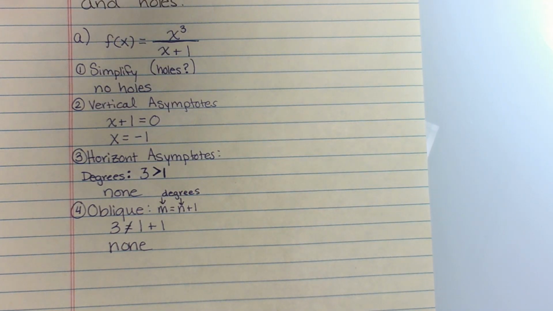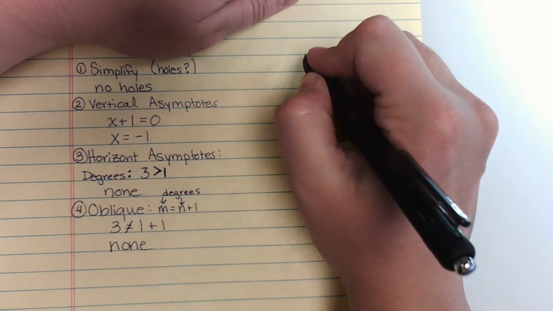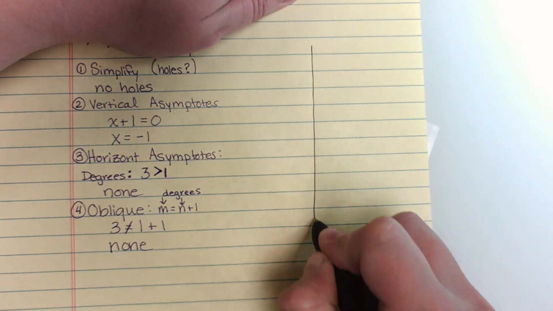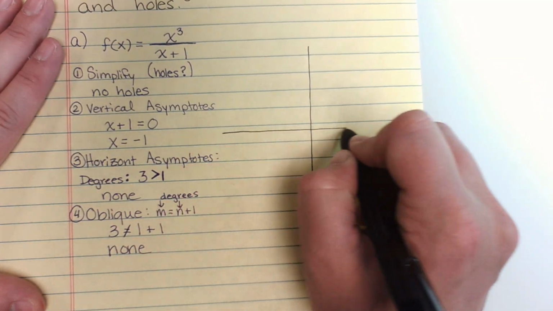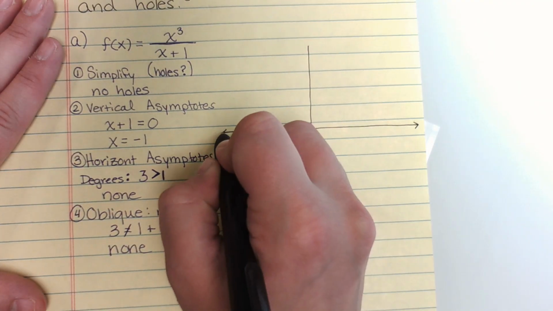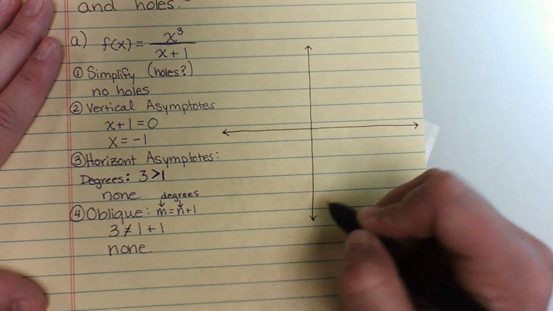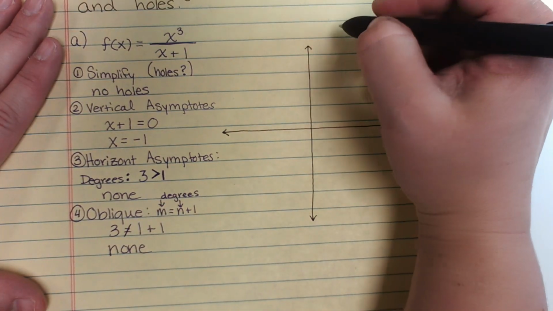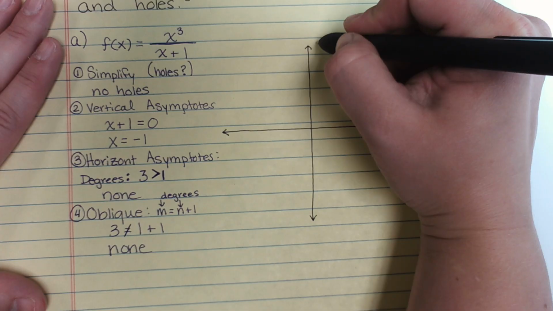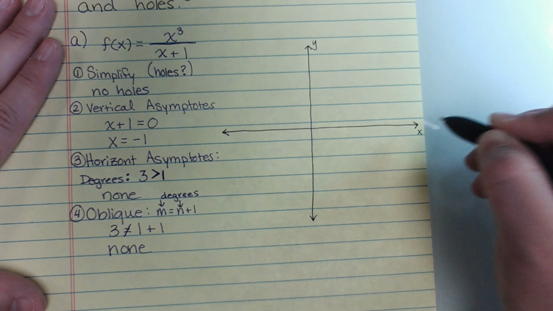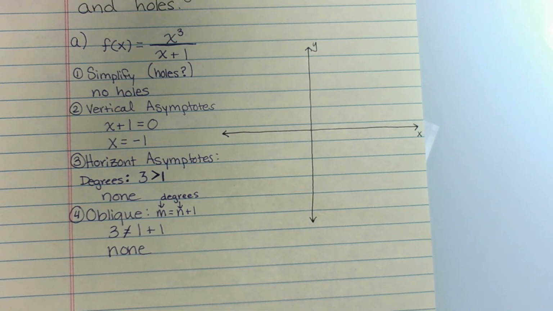Once I've figured those things out, I can now go to actually looking at my graph. When it comes to drawing yourself an XY axis, the key thing is that you need to have room on every single side of the vertical asymptotes.